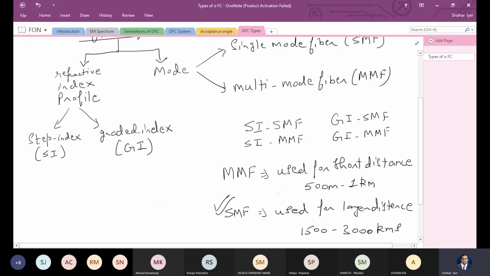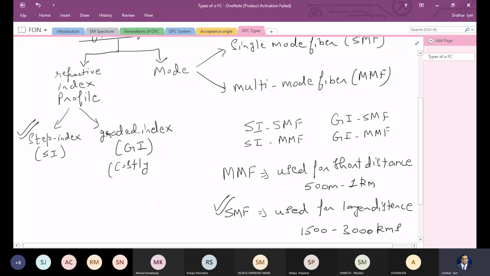Okay, and this is the kind of fiber which is used for optical fiber communication these days in the 5th generation optical fiber. Also, when it comes to index difference, the step index fiber is used more than the graded index fiber. However, the graded index fiber gives us less dispersion, which we will discuss later, but graded index fibers are costly.